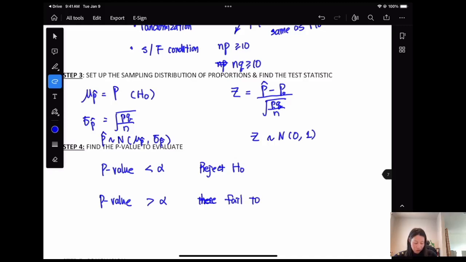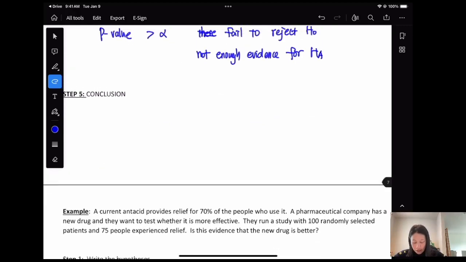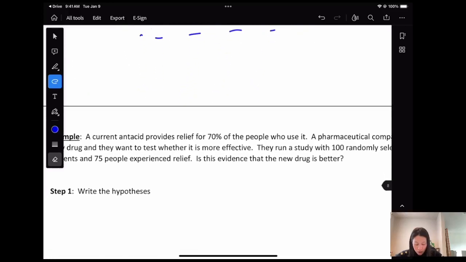We will fail to reject the null hypothesis. That means not enough evidence for the alternative hypothesis. And then you will write down your conclusion.